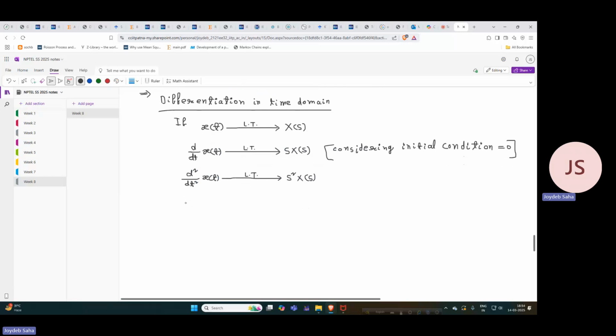And in the similar way, if we have dn/dtn of x(t), then its Laplace transform will be s to the power n times X of s. Right?